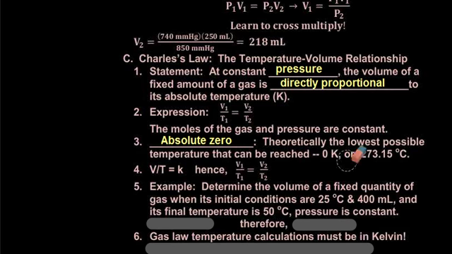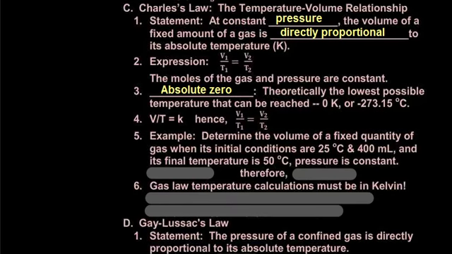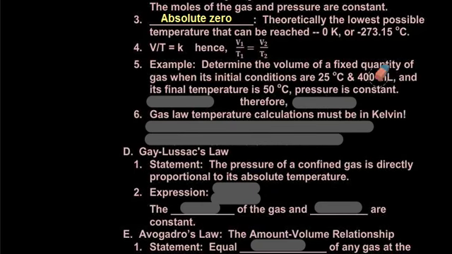Okay, so our example is: determine the volume of a fixed quantity of gas when its initial conditions are 25 degrees Celsius and 400 milliliters, and its final temperature is 50 degrees Celsius, and the pressure is constant. Well, V1 over T1 equals V2 over T2. What are we looking for?